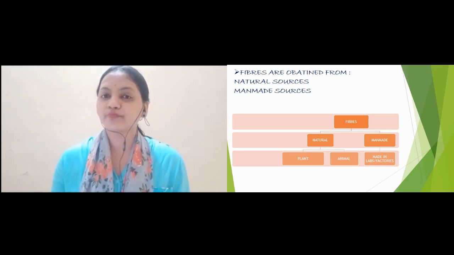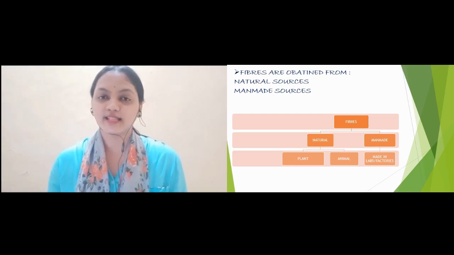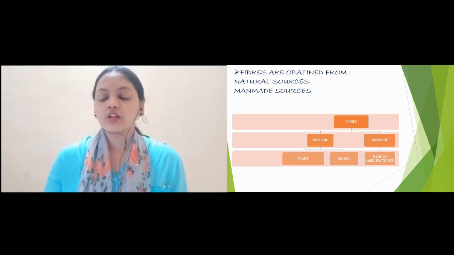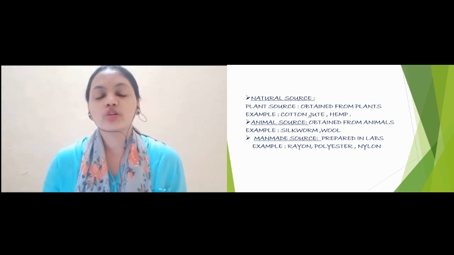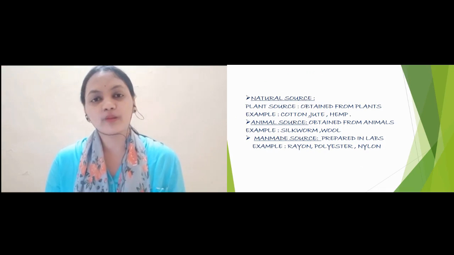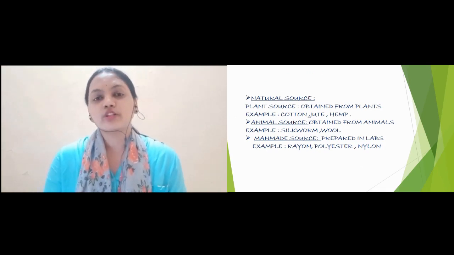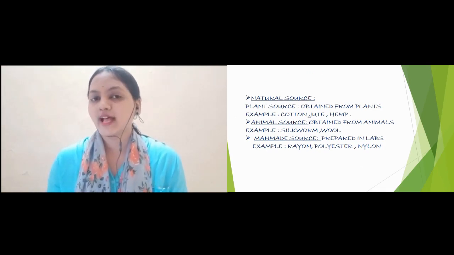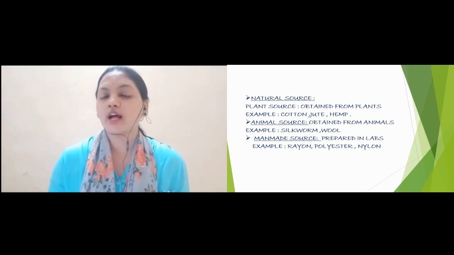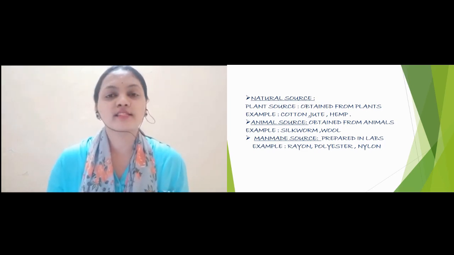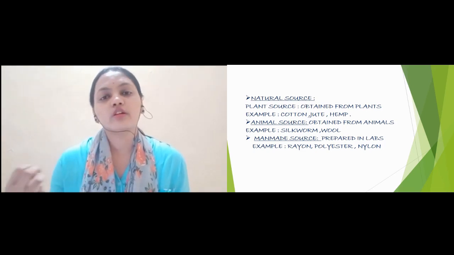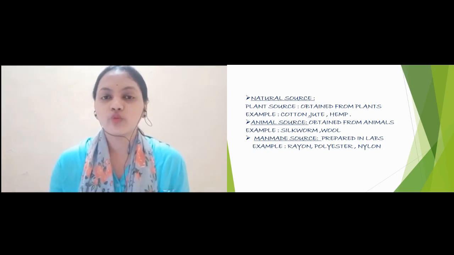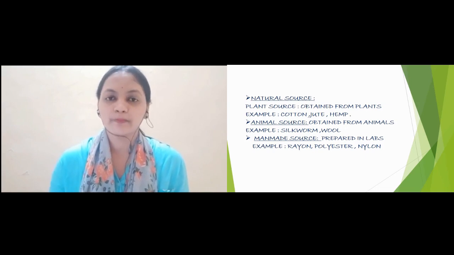Examples of plant fibers are jute, cotton, and hemp. What are examples of animal fibers? You have wool and silk. Examples of animal fibers are wool and silk.